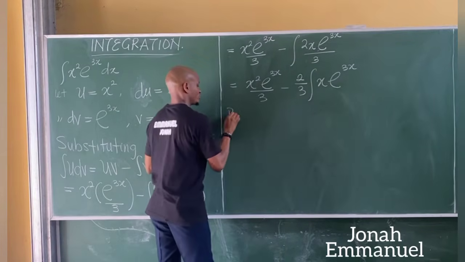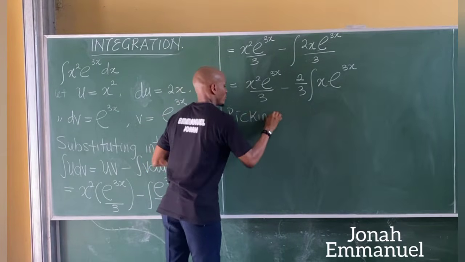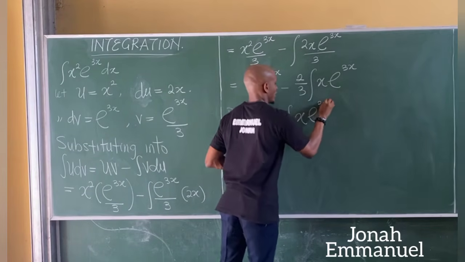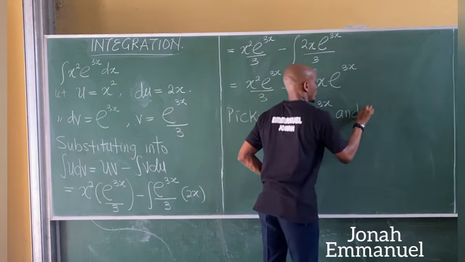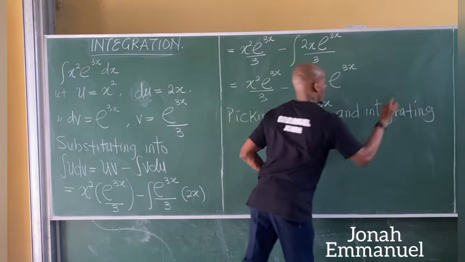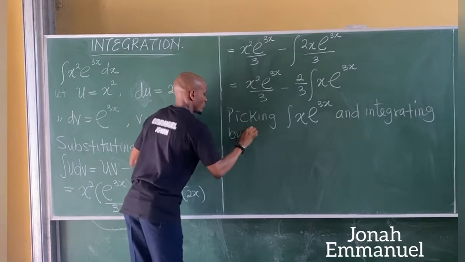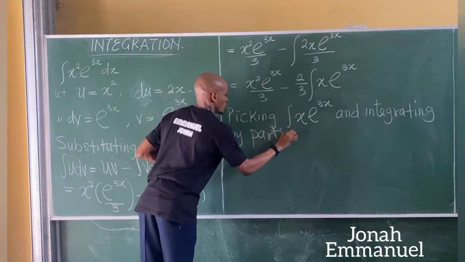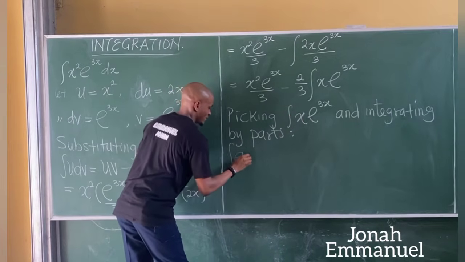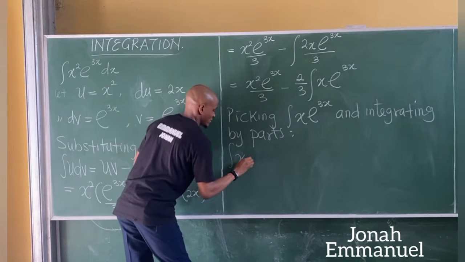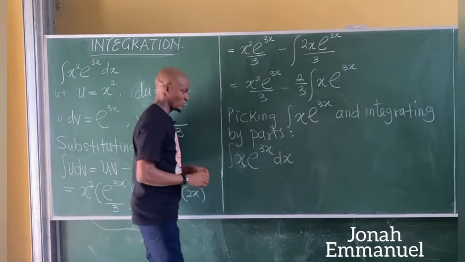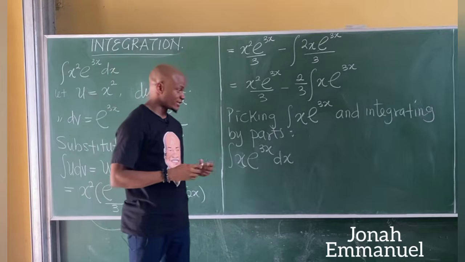So picking the integral of x exponential 3x and integrating by parts, I have that for this, the integral of x exponential 3x, of course, with respect to x, that's x is my integral variable.